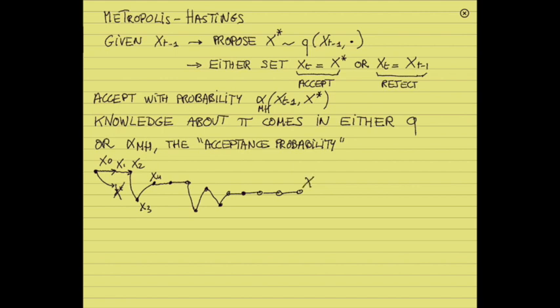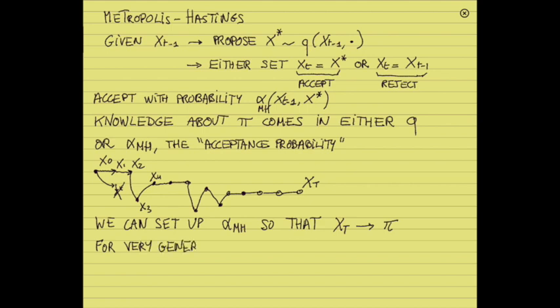And after capital T steps, you get x capital T. And so the question is, can we set up the acceptance probability, for at least some choices of Q, in such a way that the acceptance mechanism is going to correct for the discrepancy between the proposal and the target in such a way that xt goes to pi?